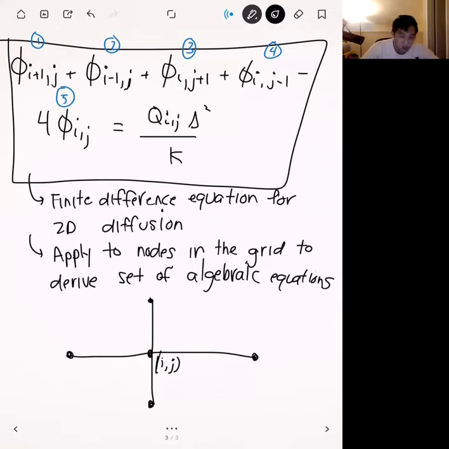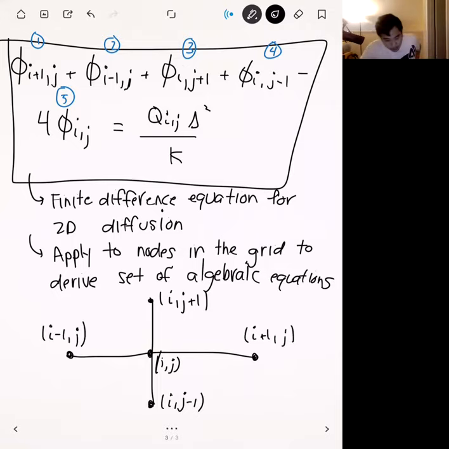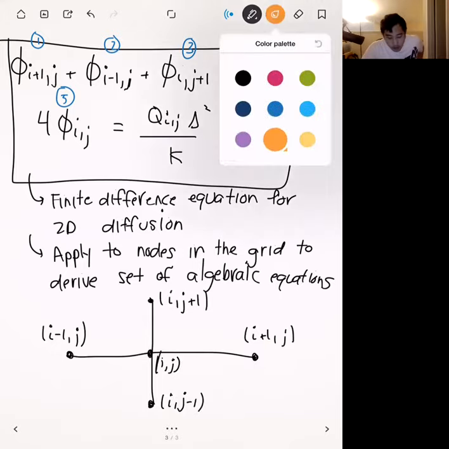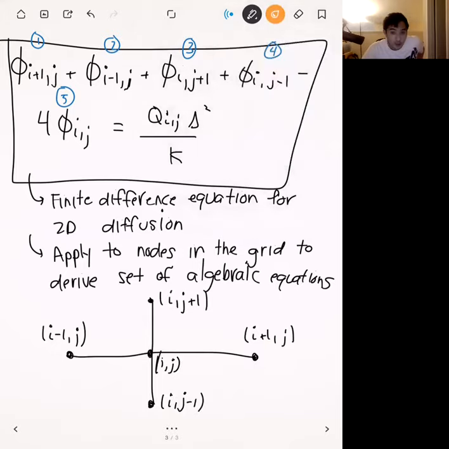Then we have its upper neighbor, i,j+1. Next is i,j-1, then i+1,j, and then i-1,j. Those are all the neighboring nodes in terms of their ij coordinates.